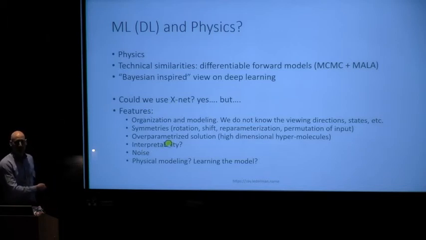Because what we're trying to do is actually get a model that describes the physical phenomena that's underlying all these images. And there's a bunch of classic problems, noise, and do we want to go into deeper modeling of this, maybe using a graph neural network? So there's a bunch of tools to throw at this.